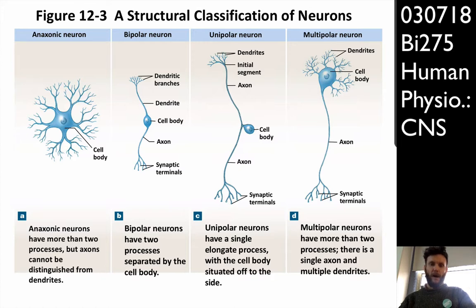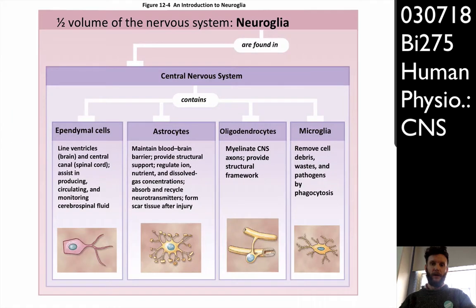All right, so the point here is that there are these various structural variations on the theme of dendrite, cell body, axon that have functional consequences. There are functional consequences of all of this, and a deeper discussion of which is well beyond what we have time for here.